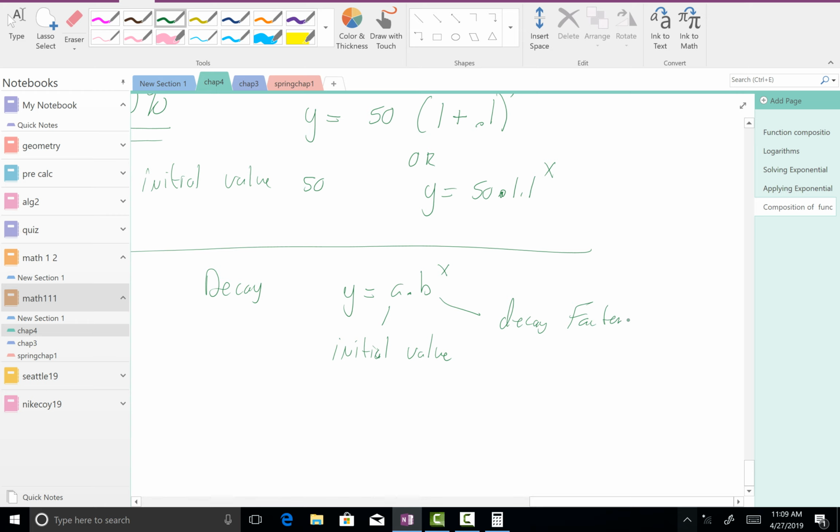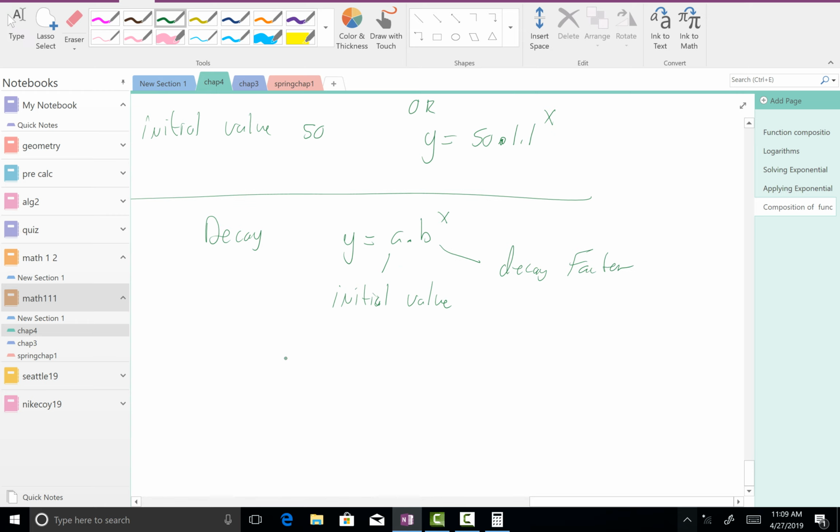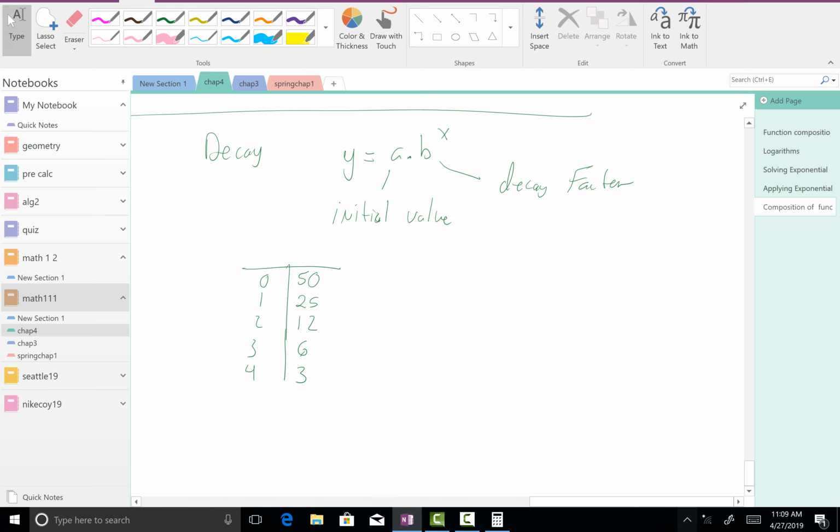But if it's decaying, like in this case, then y equals 50 times, and we could still find this factor by taking 25 divided by 50, that's 0.5, 12 divided by 25, approximately 0.5, and 6 divided by 12, 0.5.